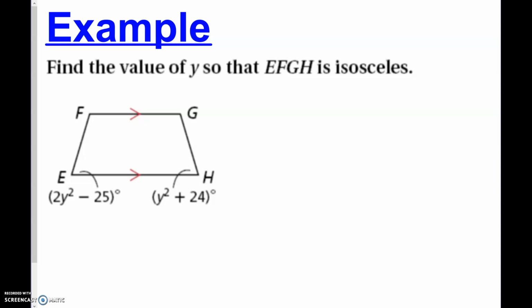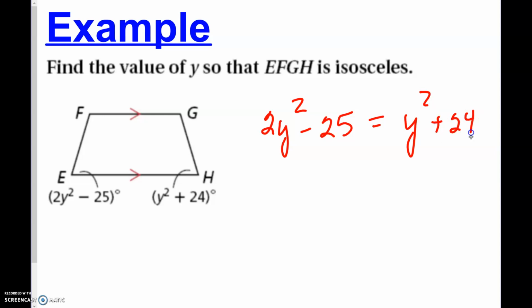All right, to make this isosceles, what would happen? Our base angles have to be congruent. So 2y squared minus 25 must be equal to y squared plus 24. When I'm getting my letters together, I always like to move my smallest one so that it stays positive, and then I'm going to add 25 to both sides.